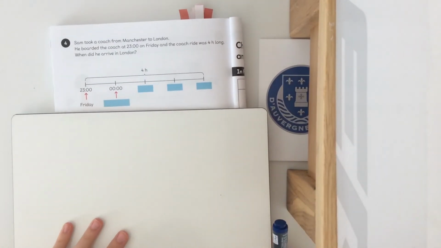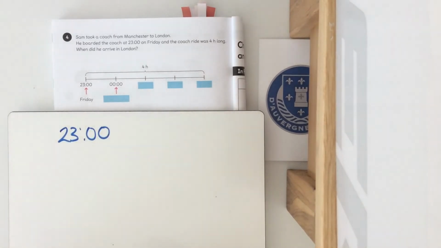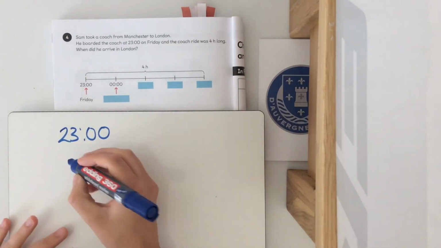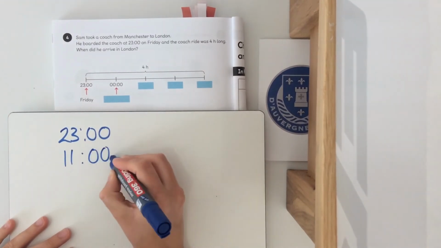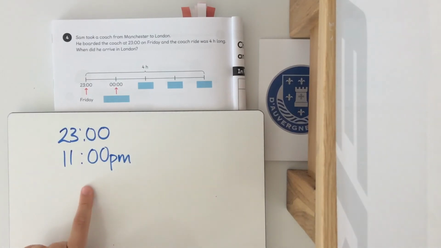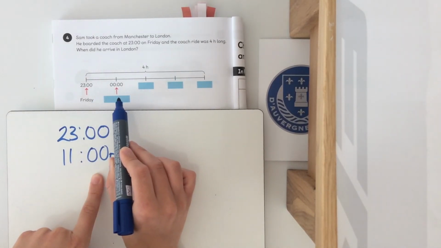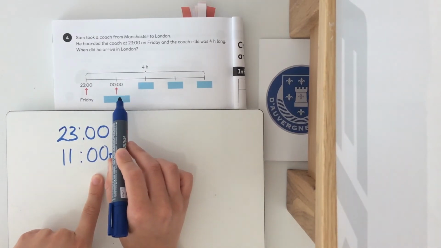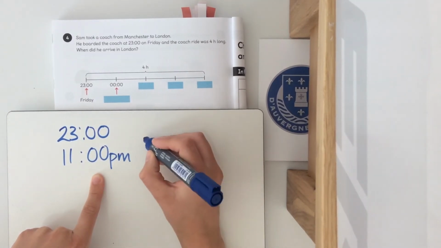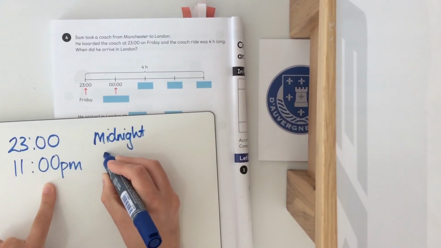So what time is 23:00 in the 12-hour time? It's 11 p.m, 11 o'clock at night. Okay, that's when he boarded the coach on the Friday. Then we've got a jump of an hour to 00:00, which is midnight on Saturday.